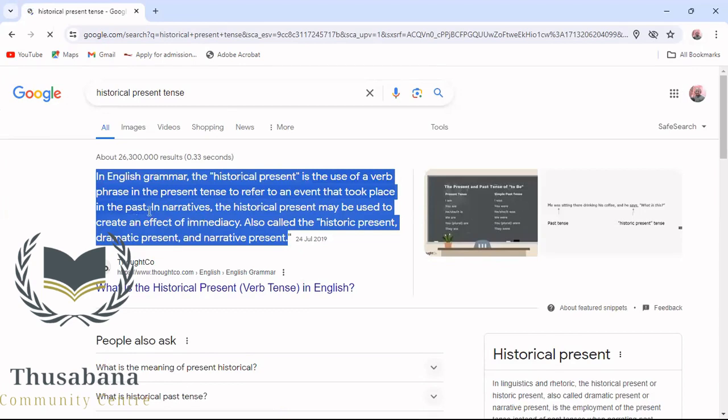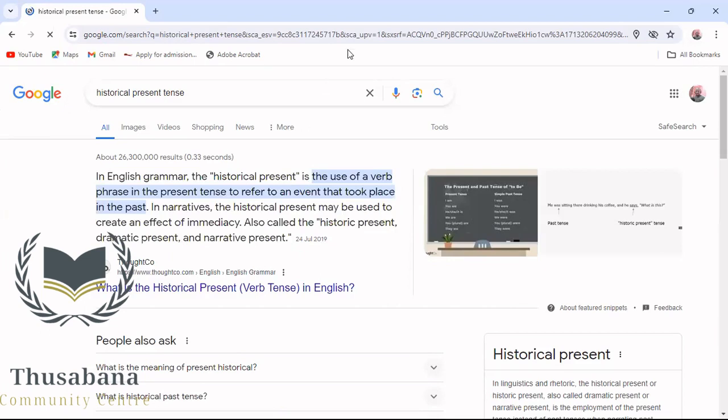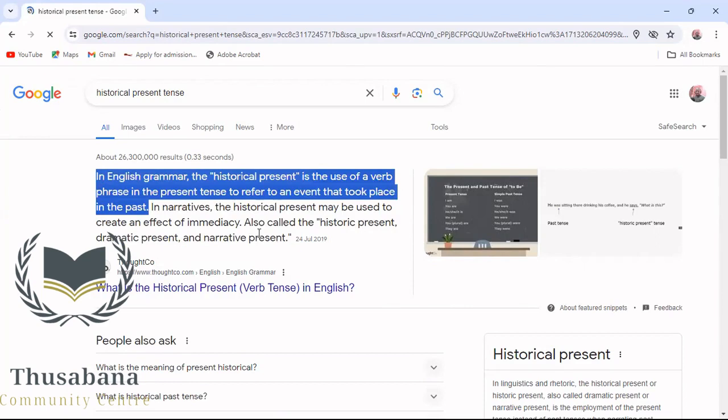Okay, so basically, something that happened in the past, you will refer to it as something that is happening now. So that's the terms that you used in that essay.